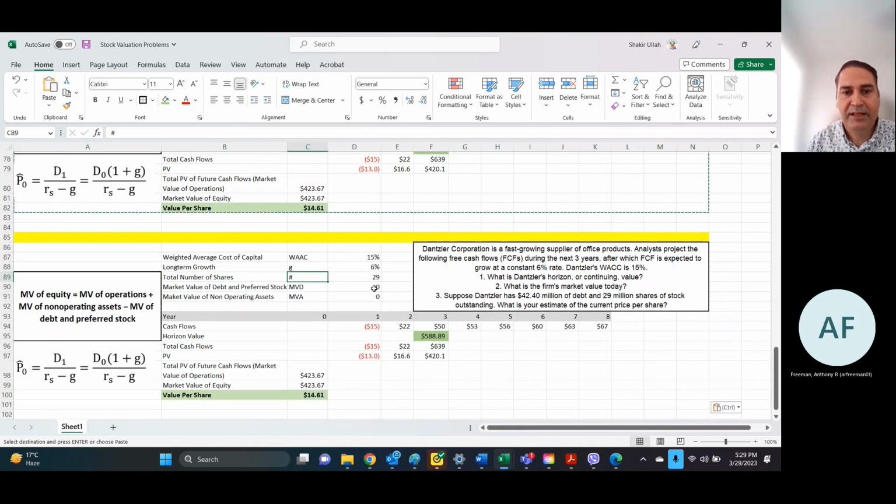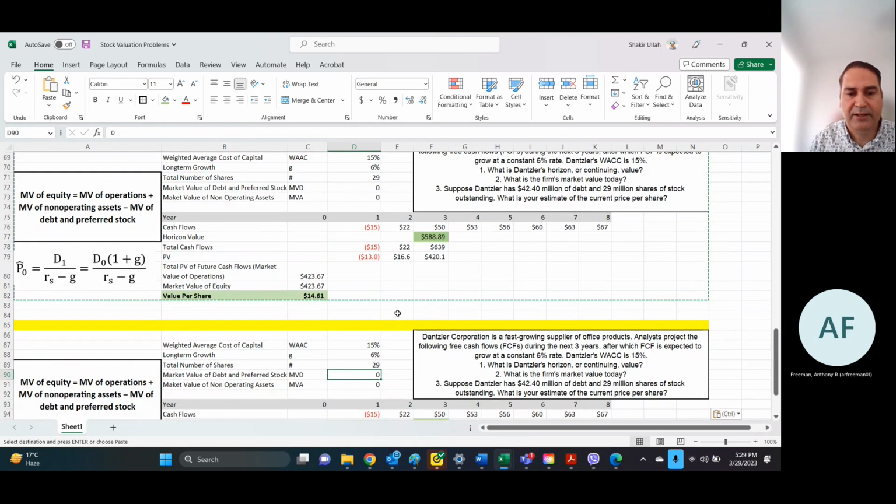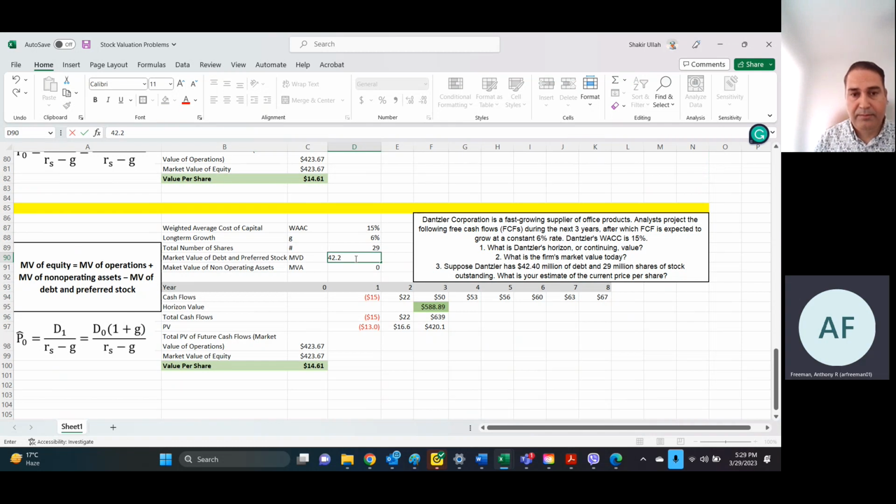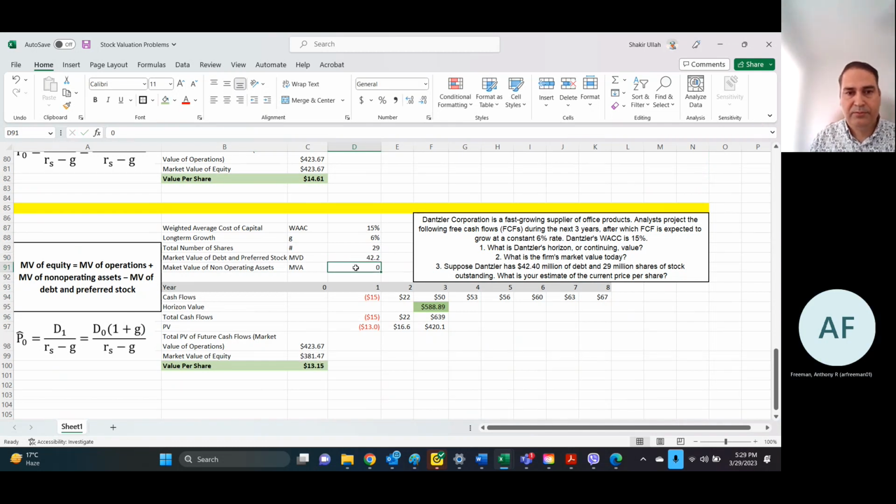So all those things are the same. The only thing that I want to make different is that in the previous question, there is no debt and no non-current assets. Here I'm adding the debt, 42.4 million. And you see the share price is now different. When we had no debt, all the cash flows are the same.